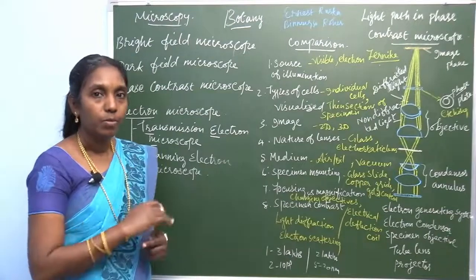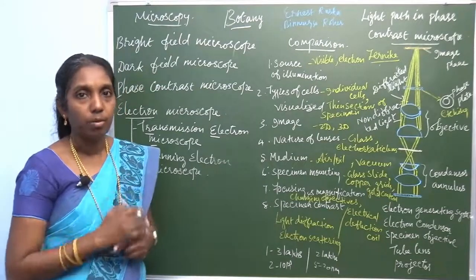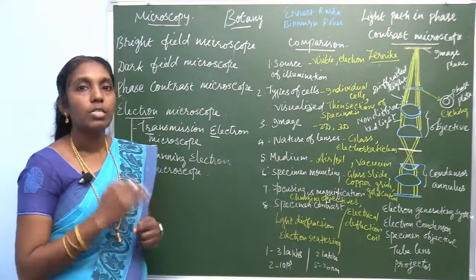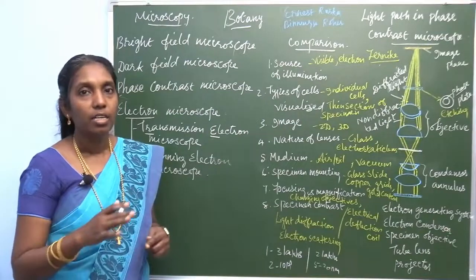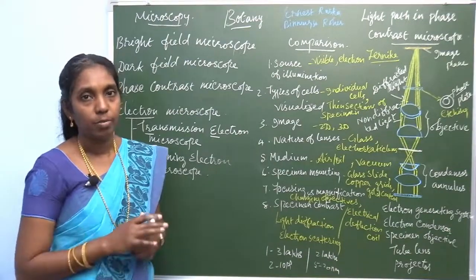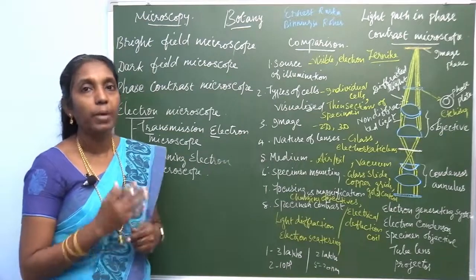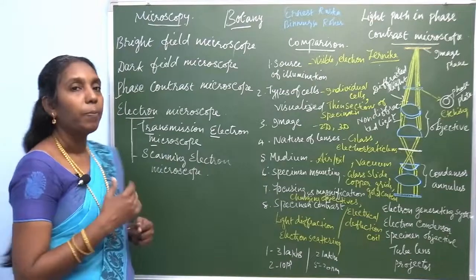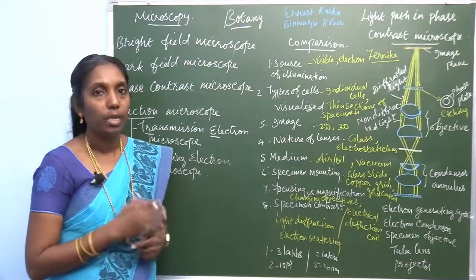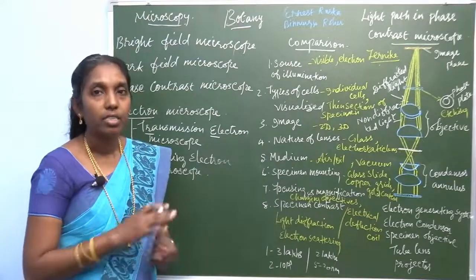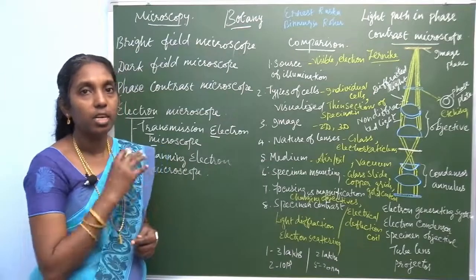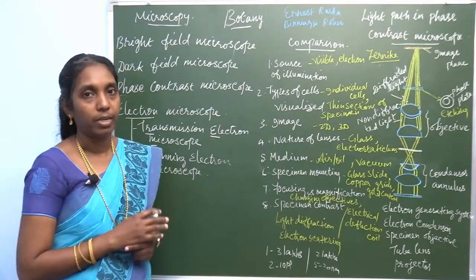When the specimens are mounted, the specimen is dehydrated with opaque chemicals like gold or palladium. Gold or palladium is used as an opaque chemical to dehydrate the specimen.